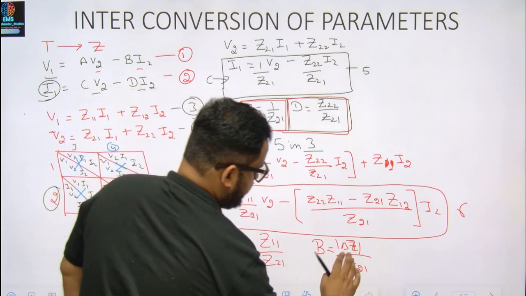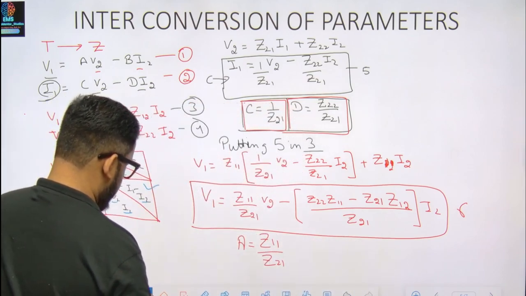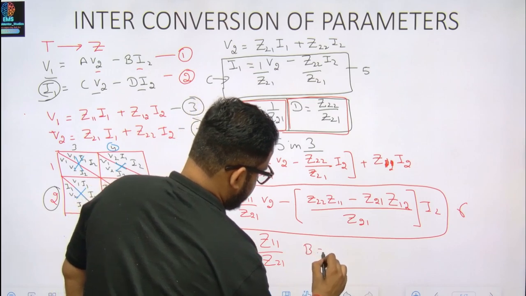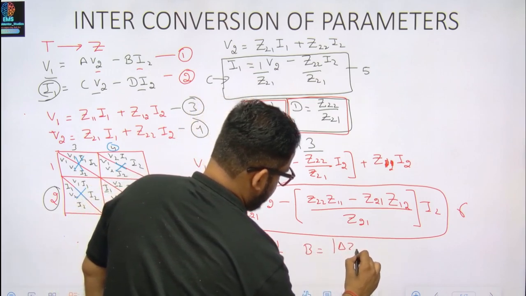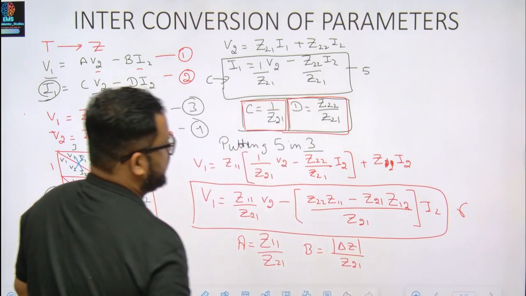I'll just write it in a, my B is nothing but determinant of Z divided by Z21.